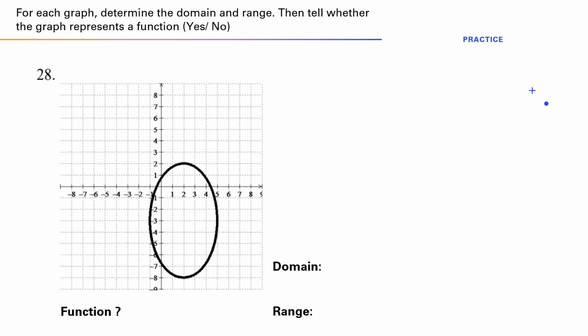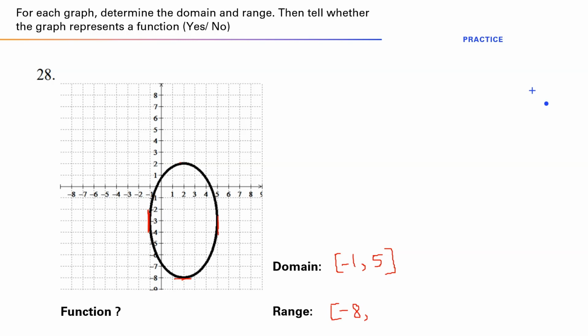Okay, next. So this one, we know that the most left one is right here, and that at -1 is included. So -1, comma, and then this one is 5, included. Now down, -8, included.